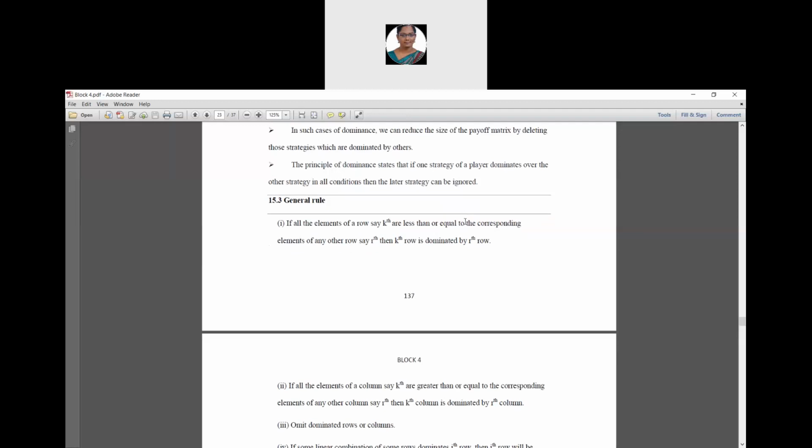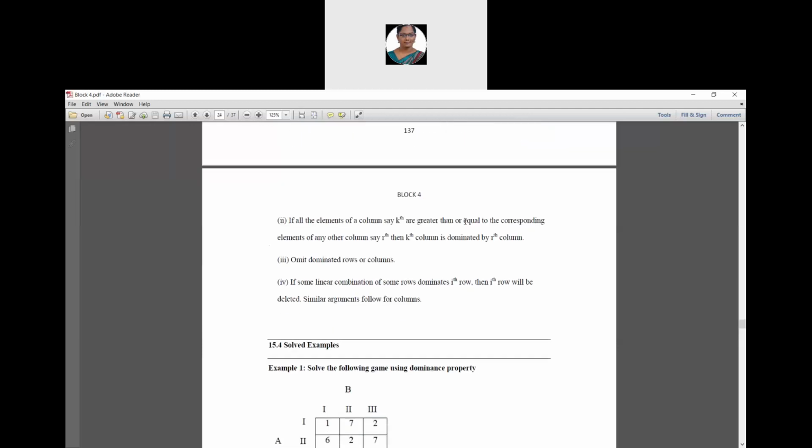General rule for dominance property: if all the elements of a row, say kth, are less than or equal to the corresponding elements of any other row, say rth, then the kth row is dominated by the rth row. Second rule: if all the elements of a column, say kth, are greater than or equal to the corresponding elements of any other column, say rth, then the kth column is dominated by the rth column.